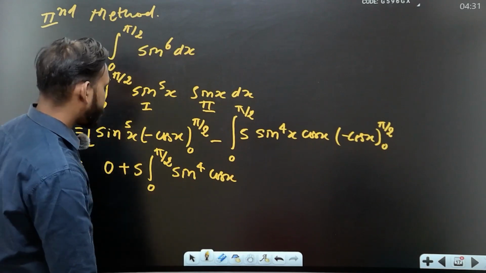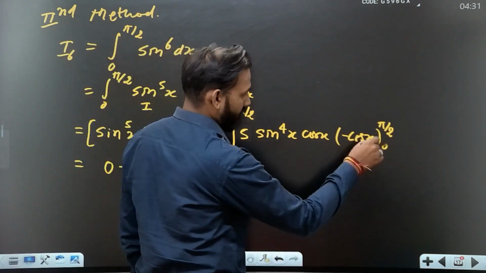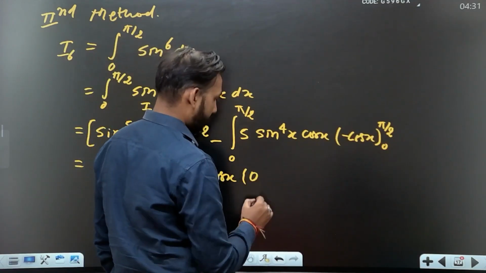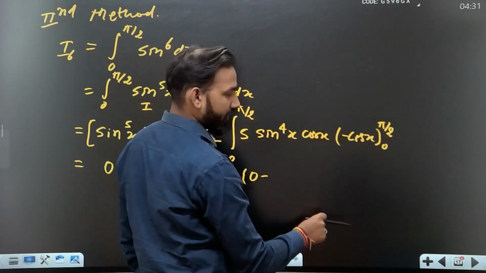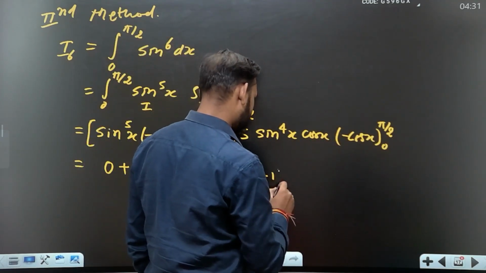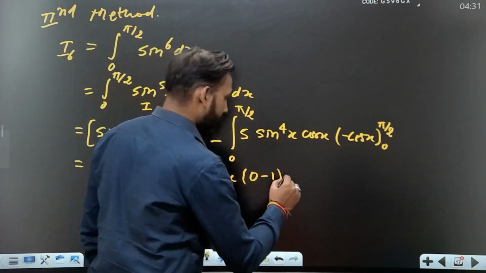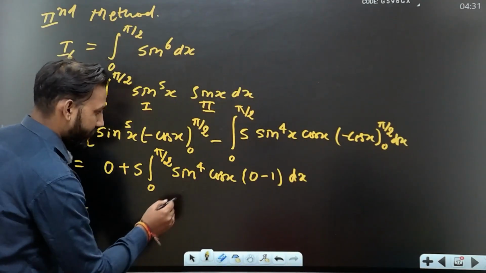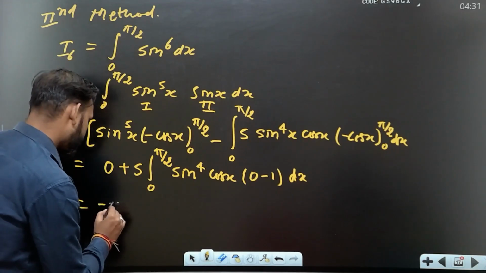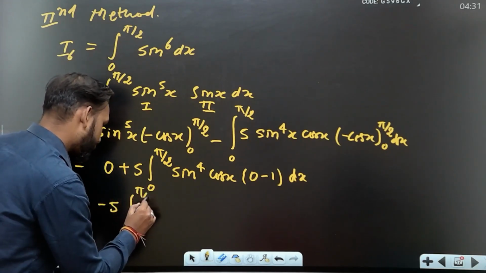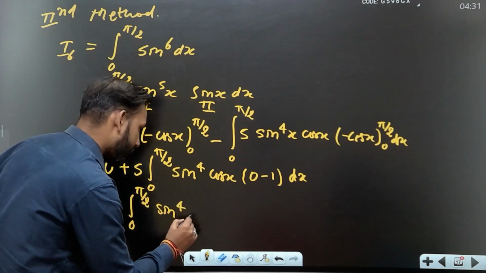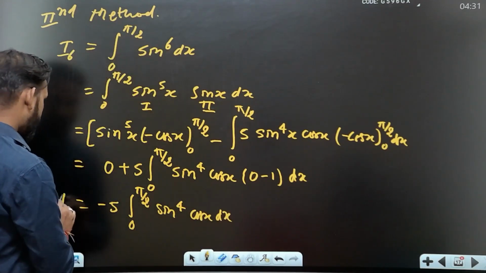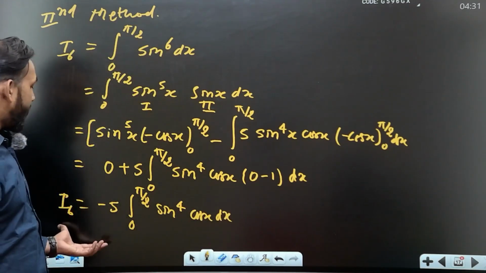If we put pi by 2 here, the upper limit gives 0, minus the lower limit, and cos 0 is 1, so we get minus 1 also, with dx. So we have minus 5 integral 0 to pi by 2 sin to the power 4 x cos x dx, and this is the value of I6.